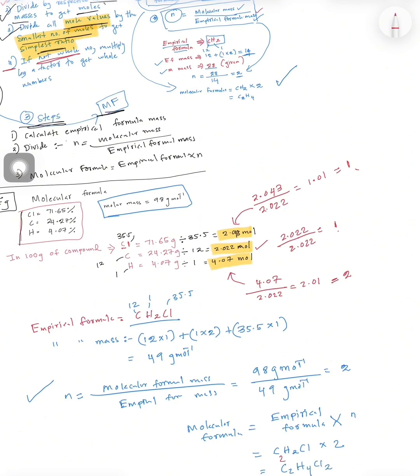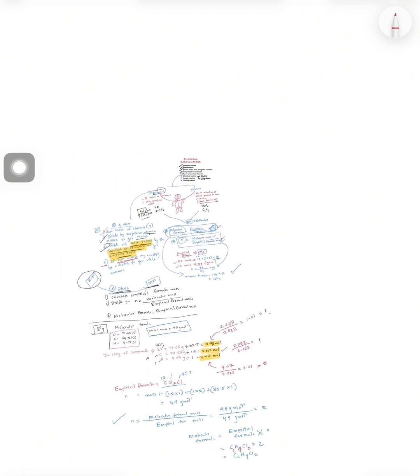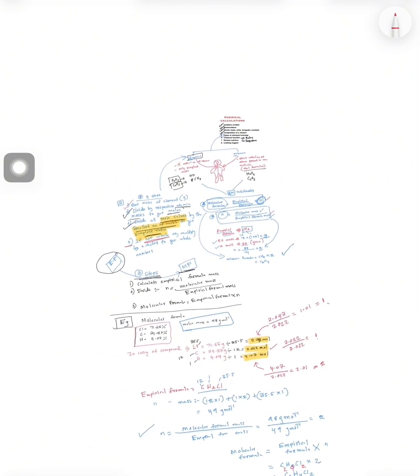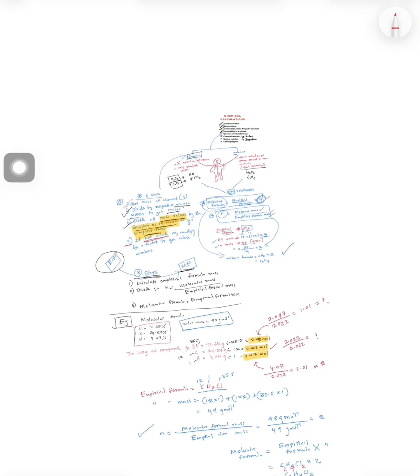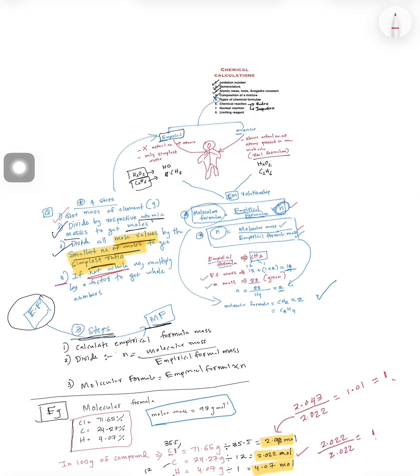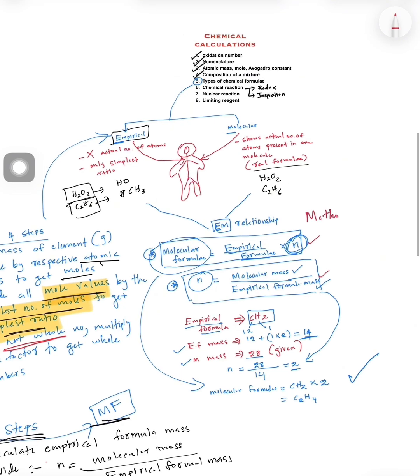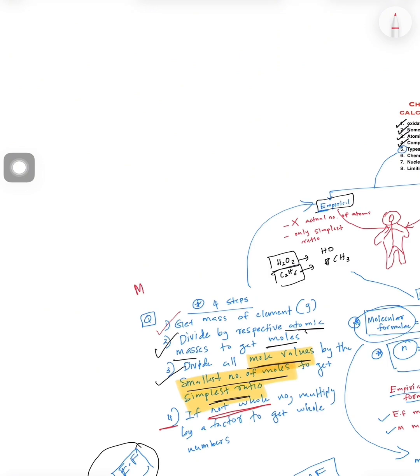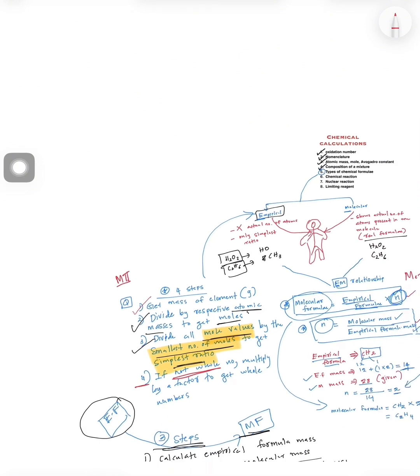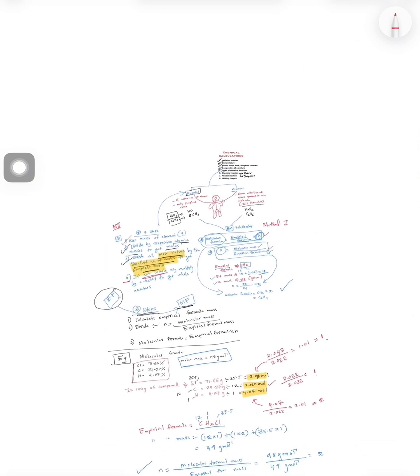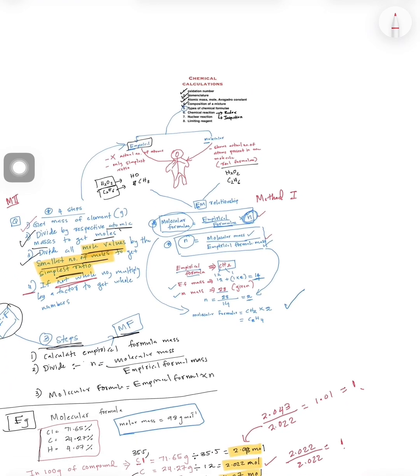C into 2 is C2, 2 into 2 is 4, Cl2. That's how we identified it. This is the step to identify the molecular formula for word problems, or else you can use the EM relationship. So consider this as method 1 and this as method 2. The EM relationship is a shortcut.